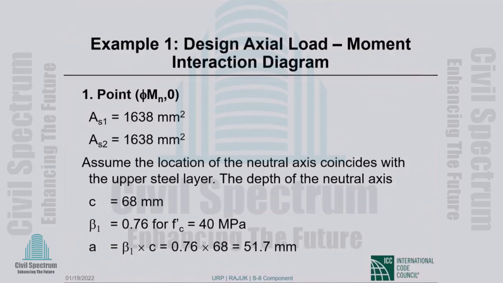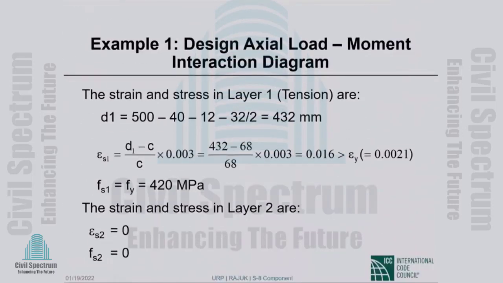So the stress block depth a is beta 1 times c, 76% of 68, which is 51.7 millimeters. d sub 1 is 500 millimeters total depth minus 40 millimeters of clear cover minus 12 millimeters of the tie diameter, minus 1/2 of the 32 millimeter bar diameter. That comes to 432 millimeters.